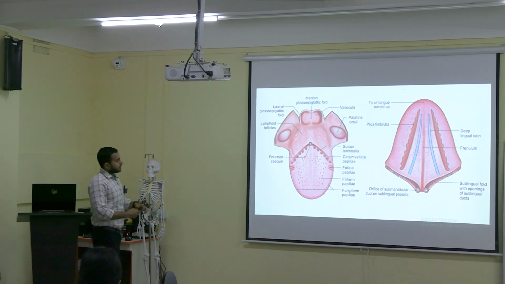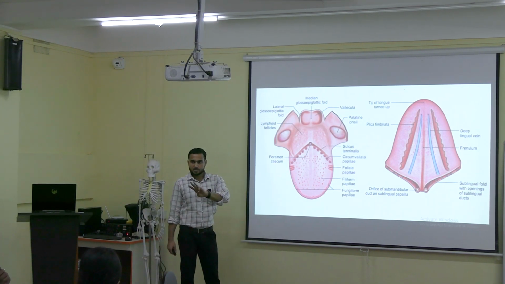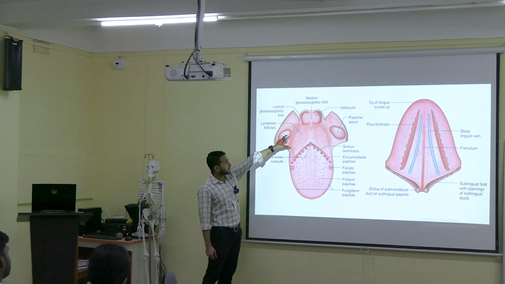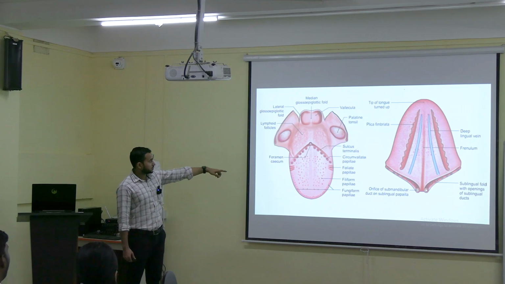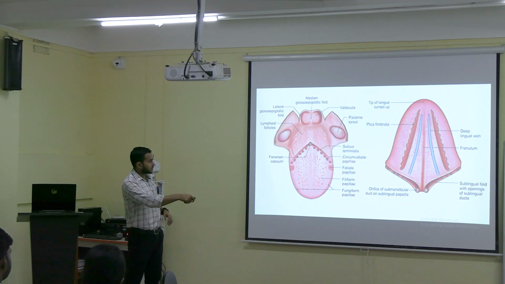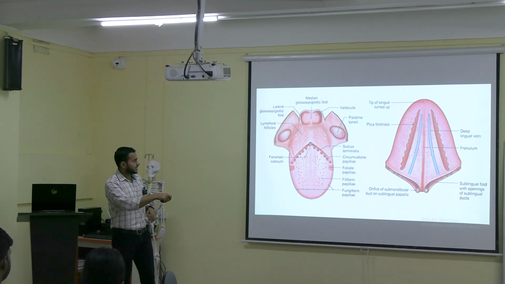Now please keep that in mind. The dorsum of the tongue is divided into three parts: anterior to this is the anterior two third of the tongue, this is the posterior one third, and the posterior-most part of the tongue. In between the anterior two third and posterior one third you can see a very faint V-shaped sulcus, called the sulcus terminalis. At the midpoint of the two limbs of the sulcus there is a pit or depression called the foramen cecum.